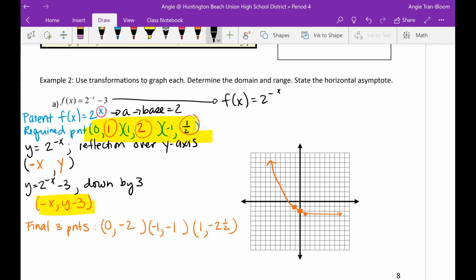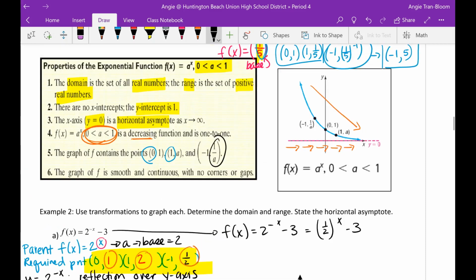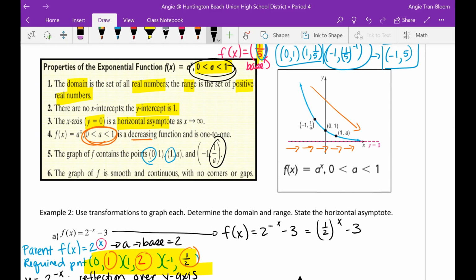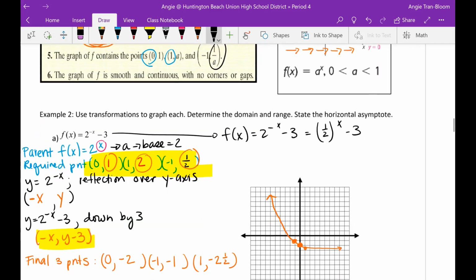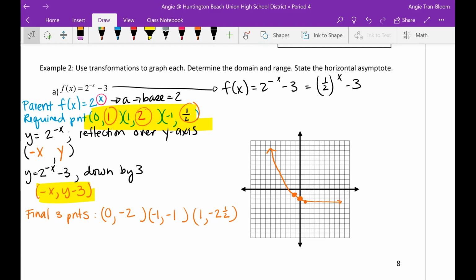You know what happens when you have a negative power? That's like flipping it. So if I were to have a positive exponent, my base is really now a half. Half is in between 0 and 1, so that's why it looks like a decreasing function. Now, what is it that I'm missing? That's super important.